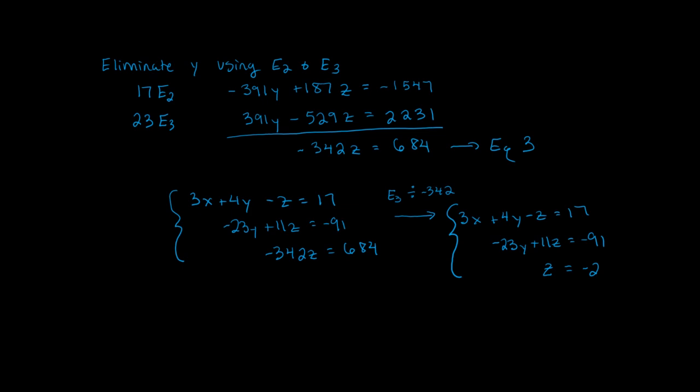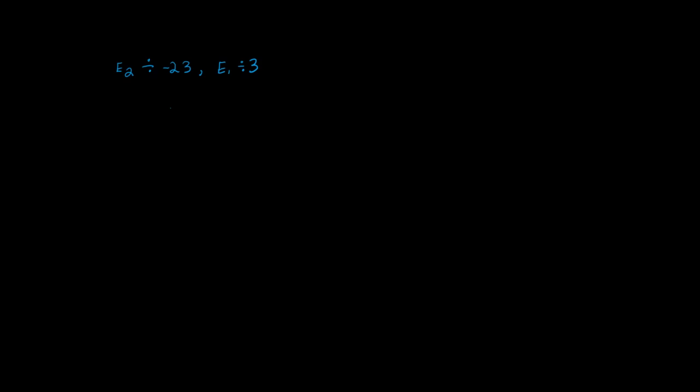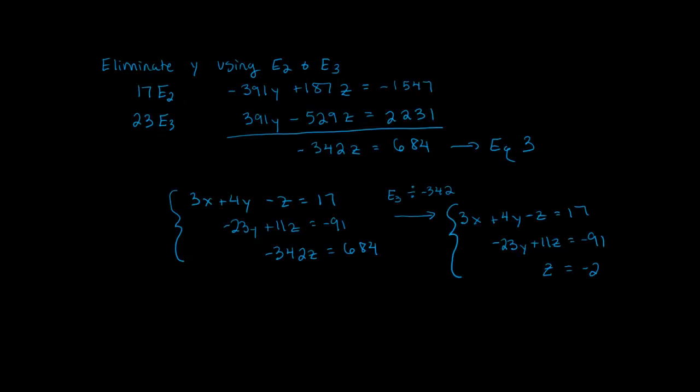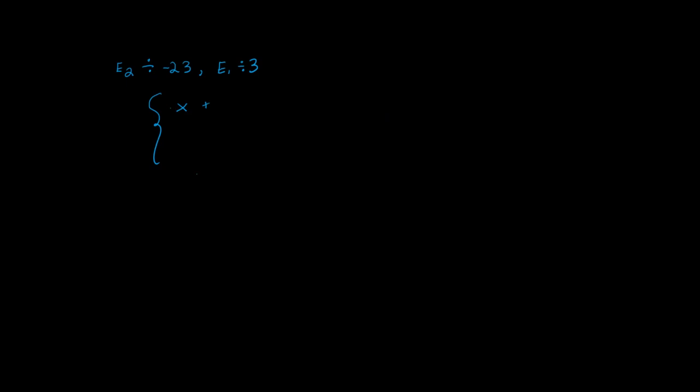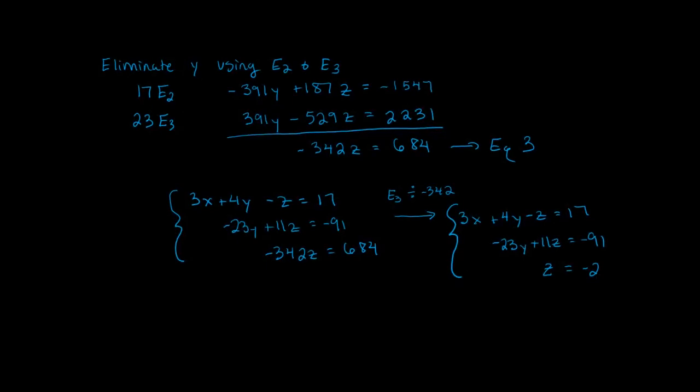If I divide the first equation by 3, it leaves me with x plus 4/3 y minus 1/3 z equals 17/3. Then we divide our second equation by negative 23.